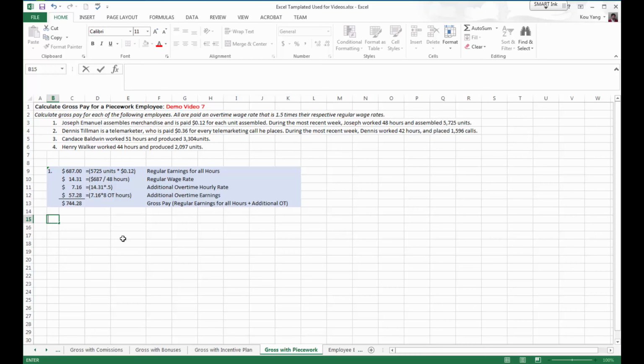Number 2. Just an additional tip, or remember this note: to calculate the additional overtime hourly rate, an alternative to the calculation shown is to pay an employee at least 1.5 times the regular piece rate for all units of output produced during overtime hours. This is all hours after the first 40 hours.